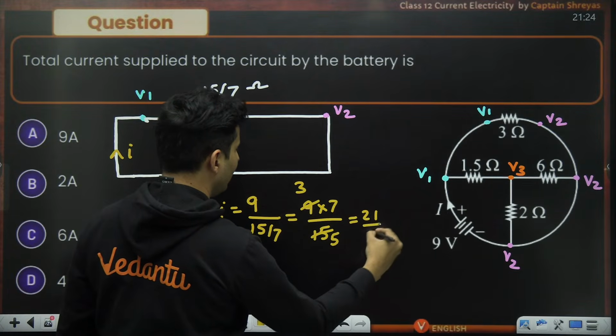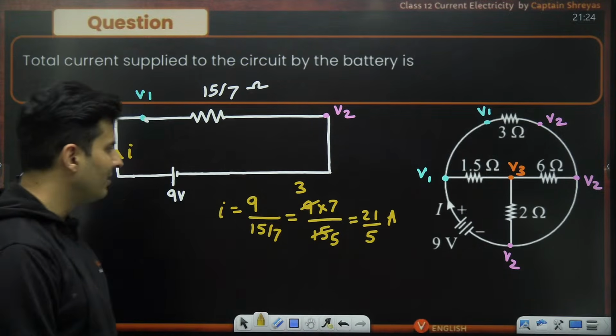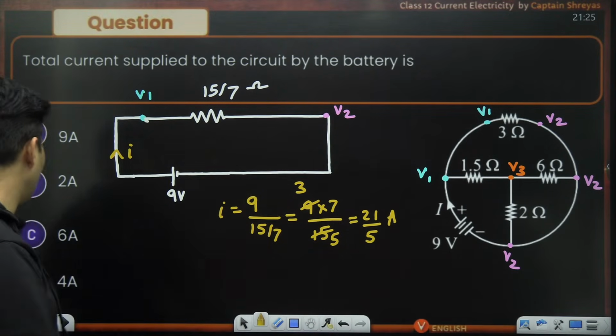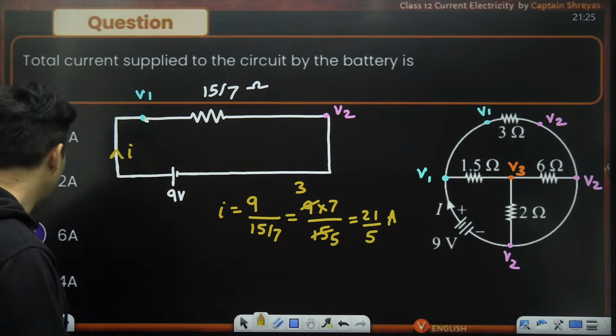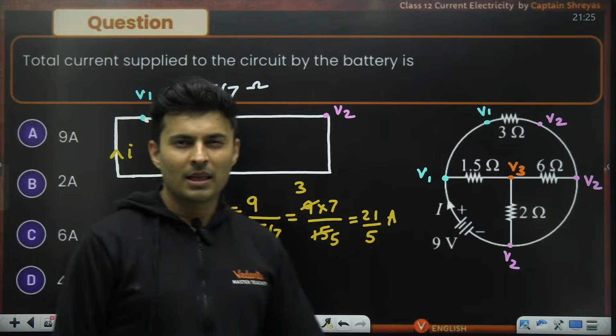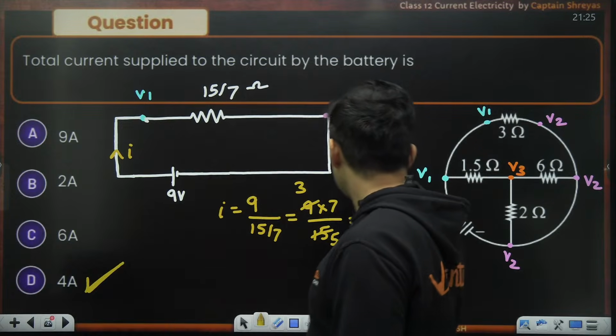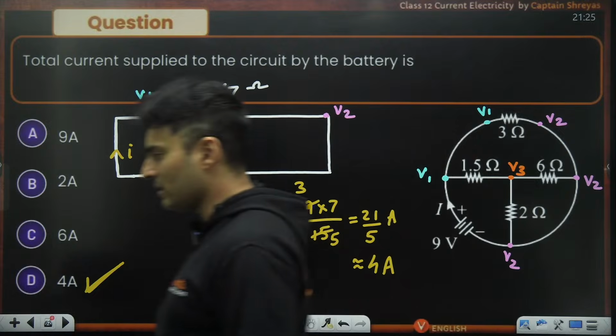So 21 by 5 amperes. 21 by 5 is close enough to 4 amperes, so close enough to D option. It is not exact, but approximately 4 amperes.